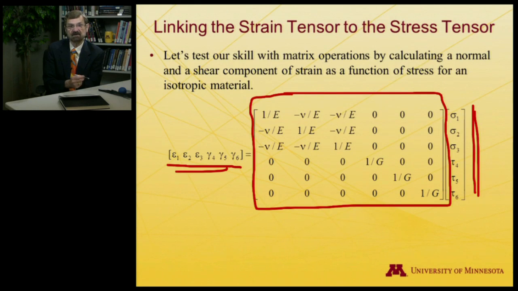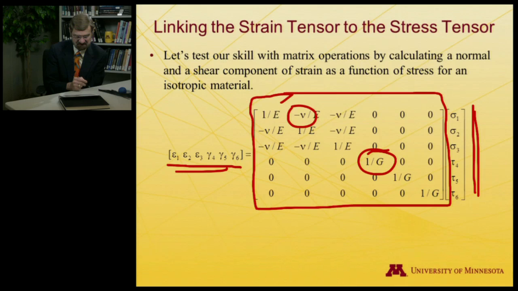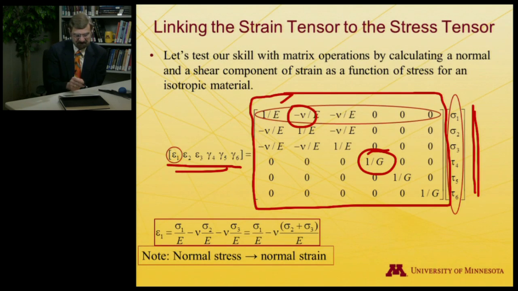I've written it out in terms of the elastic constants that we've just talked about: Young's modulus, Poisson's ratio, and the shear modulus. So let's take an example. Let's calculate epsilon 1,1, the normal strain in the one direction, in terms of all 6 stress components and the various elastic constants that sit in between.